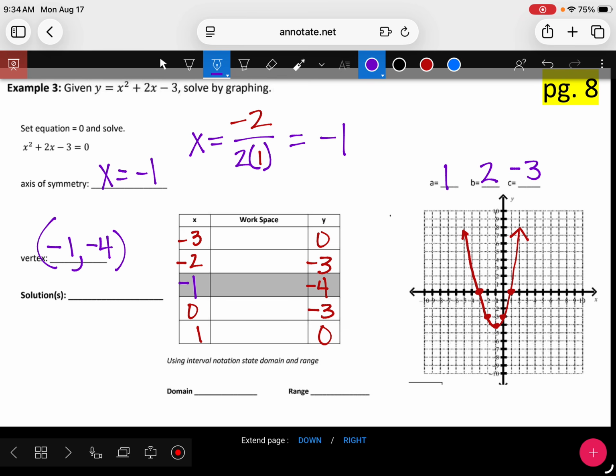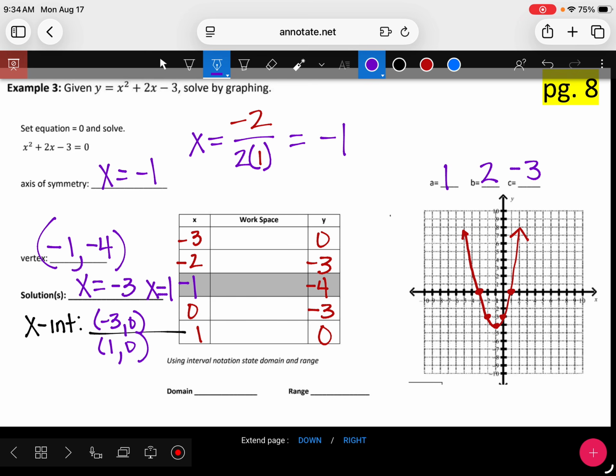So we have 2 solutions. X equals -3 and x equals 1. Now, if it asks you for the x-intercepts, we're going to put -3, 0 and +1, 0.